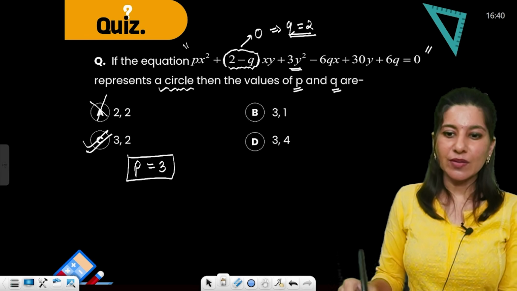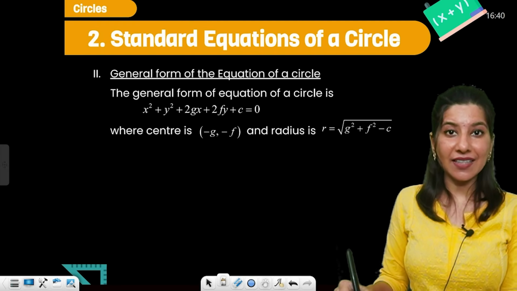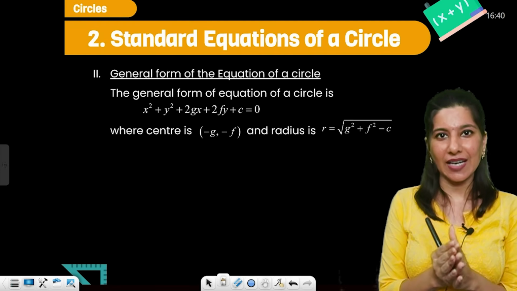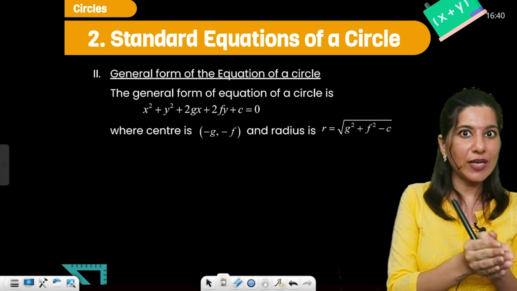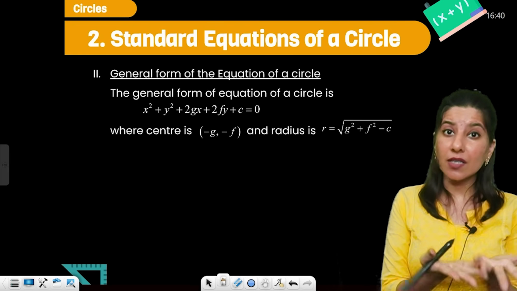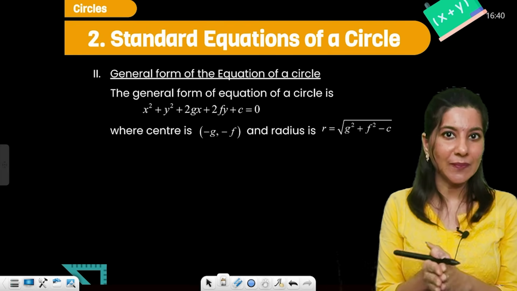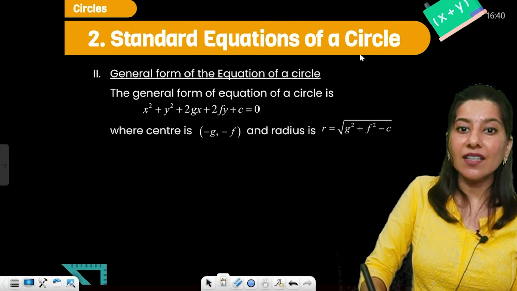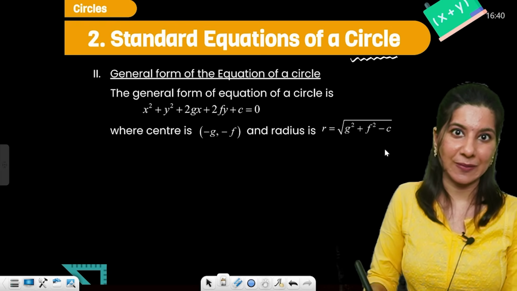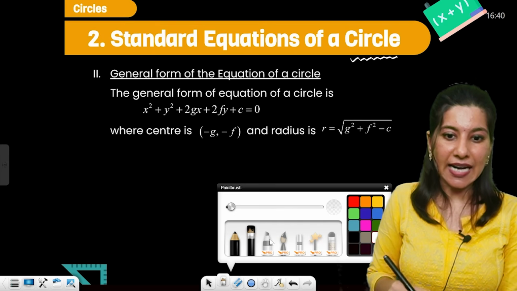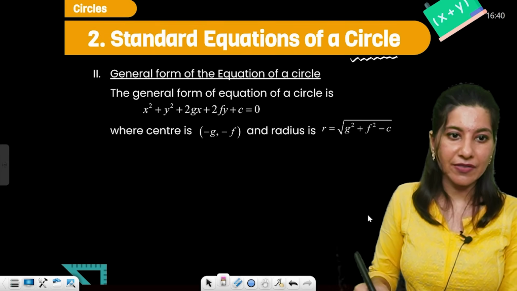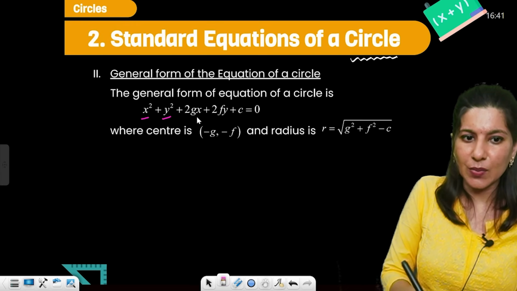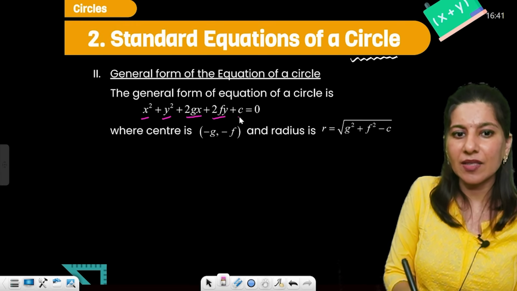Okay. So these type of questions you can get, not in JEE Main, but the basic questions, right? To recognize whether this equation represents equation of circle or not. Okay. And now here comes the standard equation of a circle. Yes. Standard equation of a circle, if you observe, it will have x square term, y square term, then it will have x term, y term and constant.